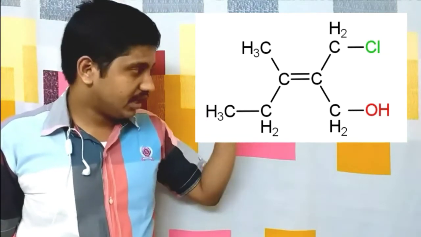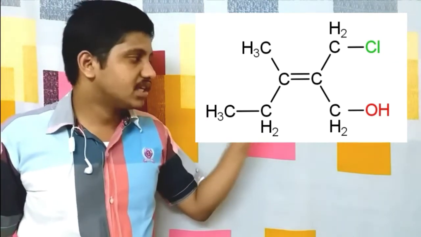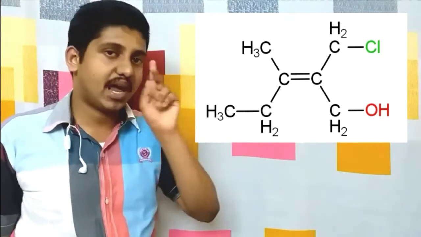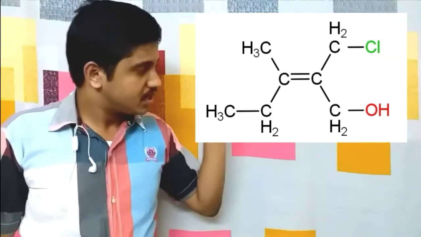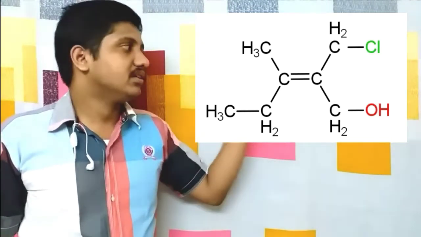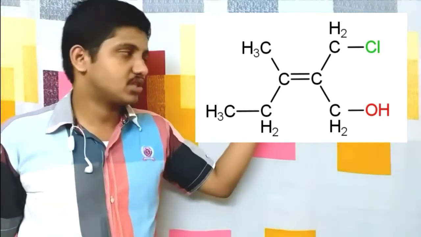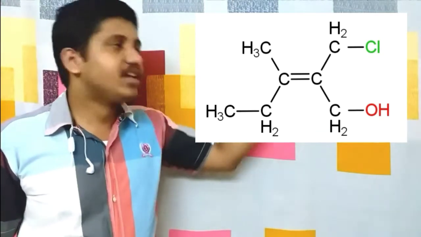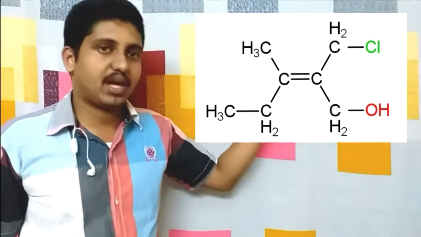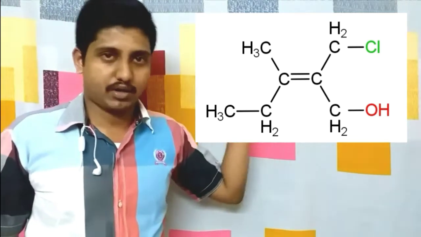On the other side we have CH2OH, that is two hydrogen atoms and an oxygen atom directly linked to this carbon atom. So naturally this chlorine atom plus these two hydrogen atoms will have the higher atomic number, and hence that group is given more preference. That group is the higher priority group.